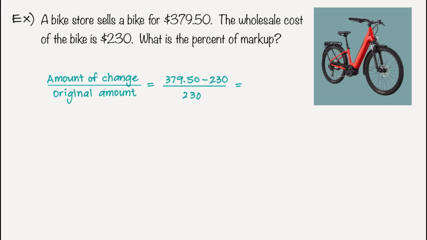The difference of those would be, let's see, $149.50 divided by 230. When I put that in my calculator, I get 0.65. And moving the decimal twice to the right, that tells me it is 65%. So it was marked up quite a bit.